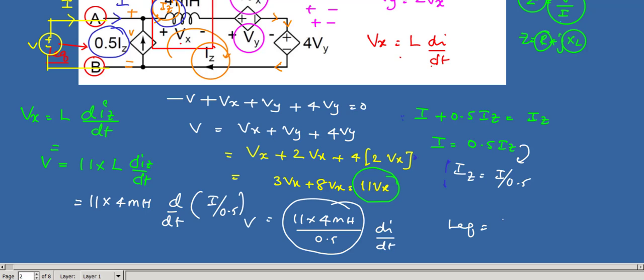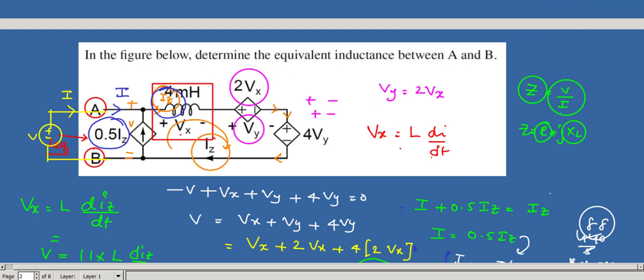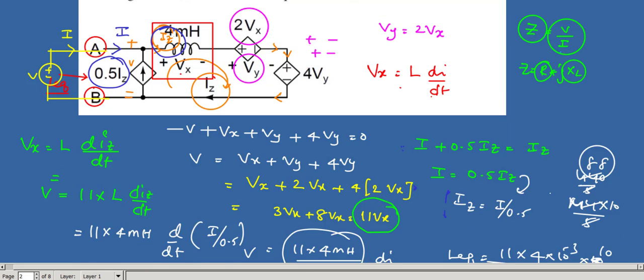So 11 into 4 into 10 to the power minus 3 over 5 into 10, so 440 by 5. 5 eights are 40, so 88 millihenry is the answer. The L equivalent between A and B is 88 millihenry.